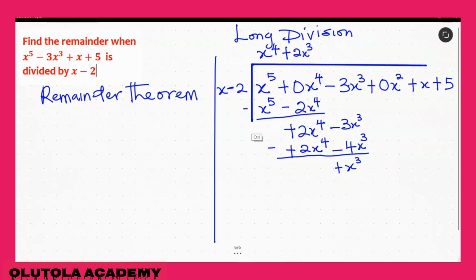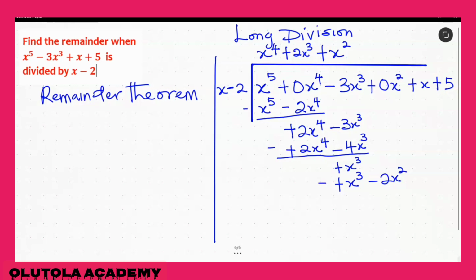Then I continue the division again. We can still divide. So x raised to power 3 divided by x will give us x square up here. So I have plus x square, and I multiply now. x minus 2 times x square will give us positive x raised to power 3 minus 2x square.